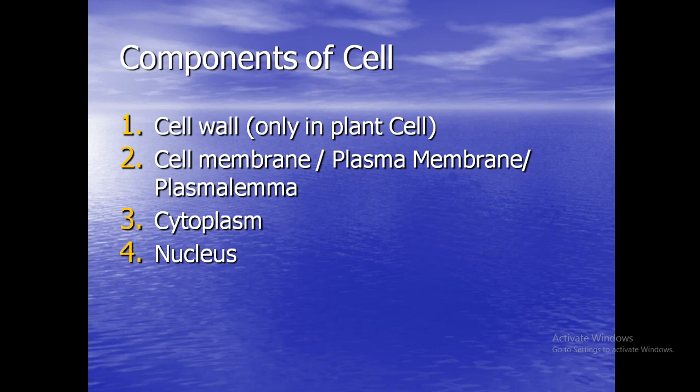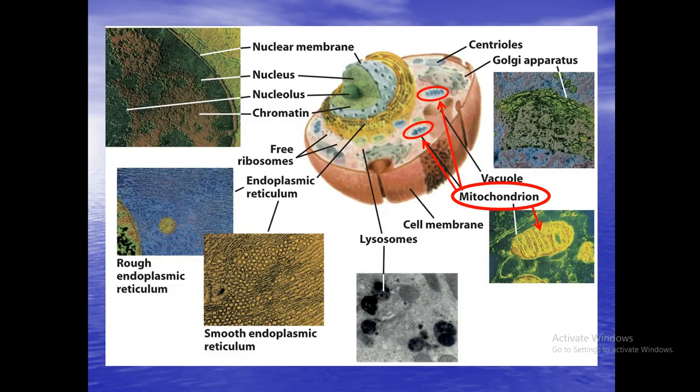So these are the 4 components of the cell: cell wall, cell membrane, cytoplasm and nucleus. In case of the animal cell, it is the plasma membrane, cytoplasm and nucleus. This is how a cell appears.